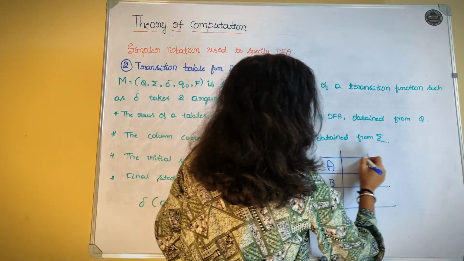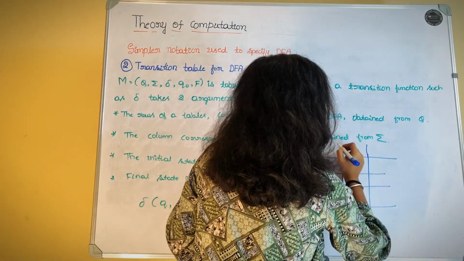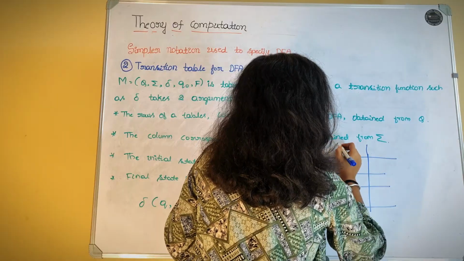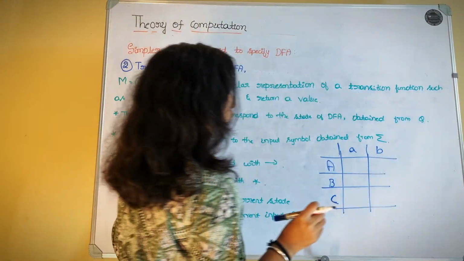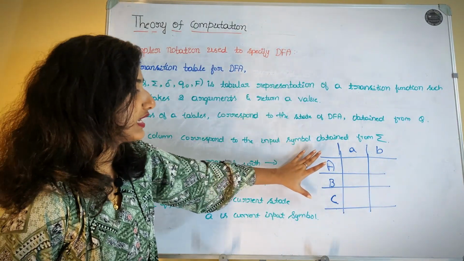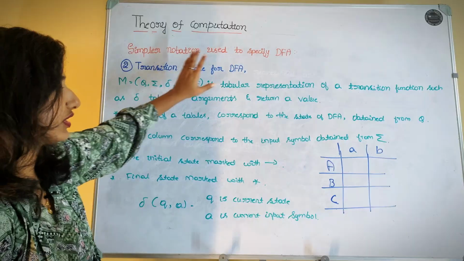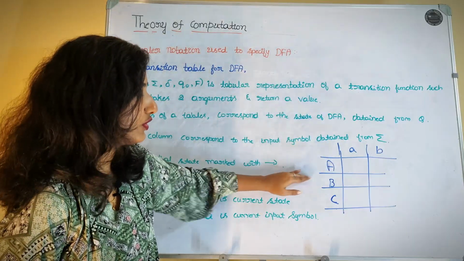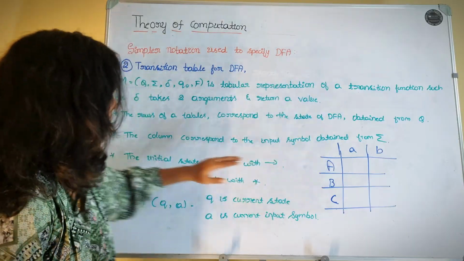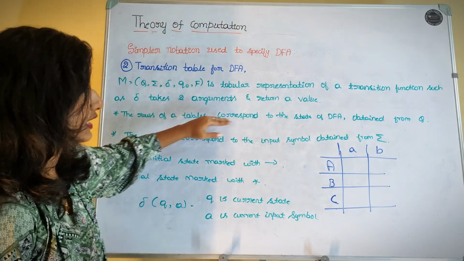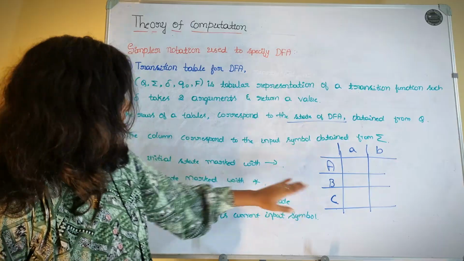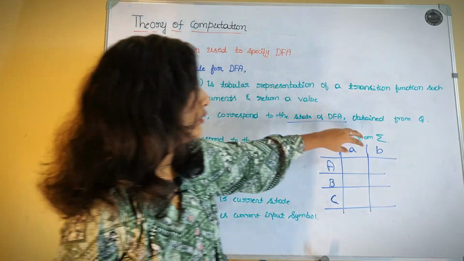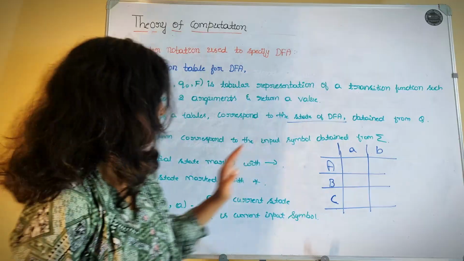Here we have columns that correspond to the input symbols obtained from sigma. Remember this one? Here we are building a tabular structure. So in the table we have rows. Rows of a table correspond to the states of the DFA, and columns correspond to input symbols from sigma.